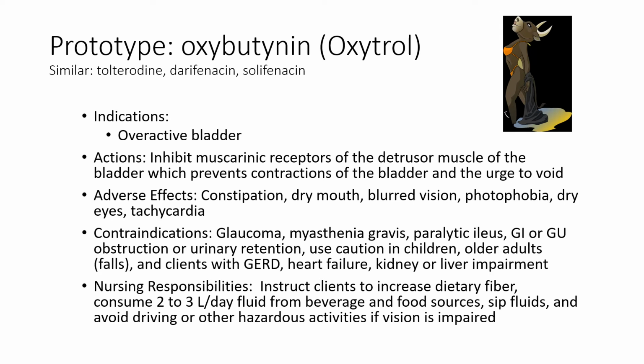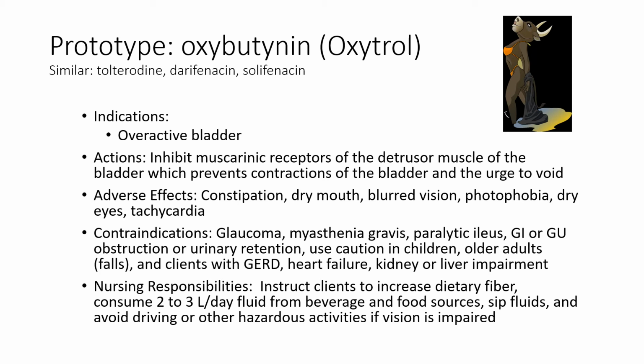The bladder is highly dependent on parasympathetic nerves for muscle contraction, detrusor muscle contraction, to force the urine out through the urethra. So if we have a very twitchy and very irritable bladder, we never know when it's going to contract. We never know when it's going to empty itself.